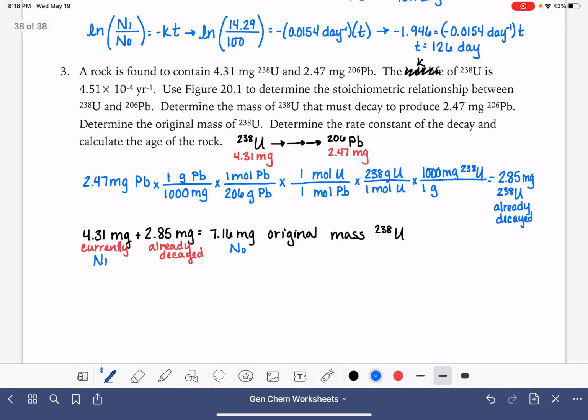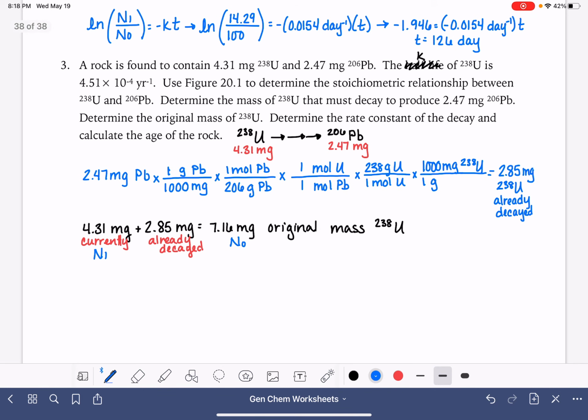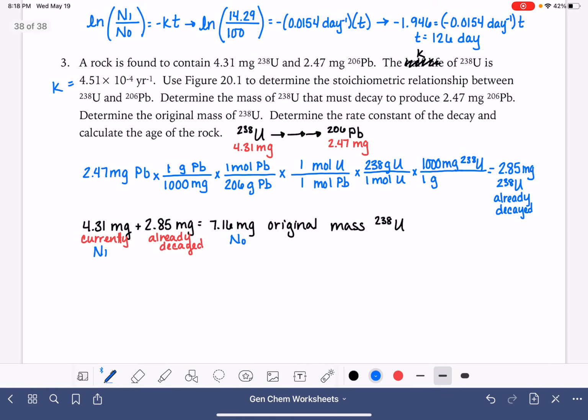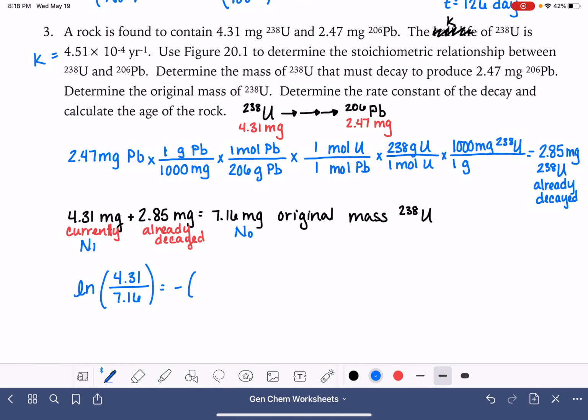And then our K is the 4.51 times 10 to the minus 4 right there. So we're going to go our current amount, 4.31, divided by our starting amount, 7.16. That's going to be equal to negative K, 4.51 times 10 to the minus 4 years inverse, times the time.